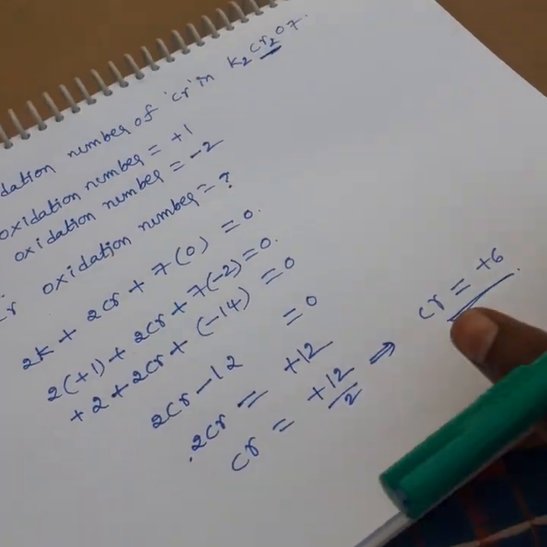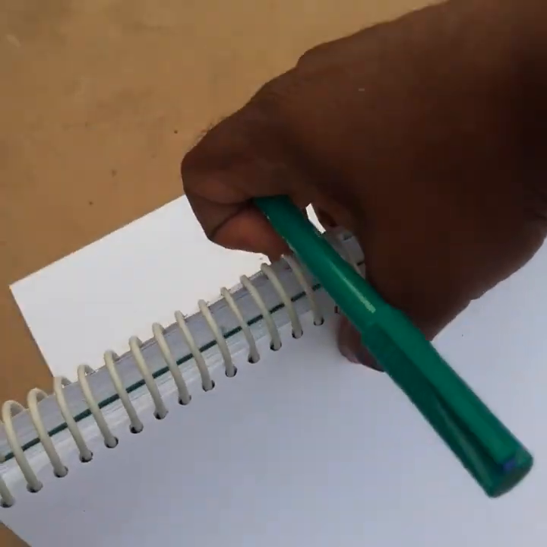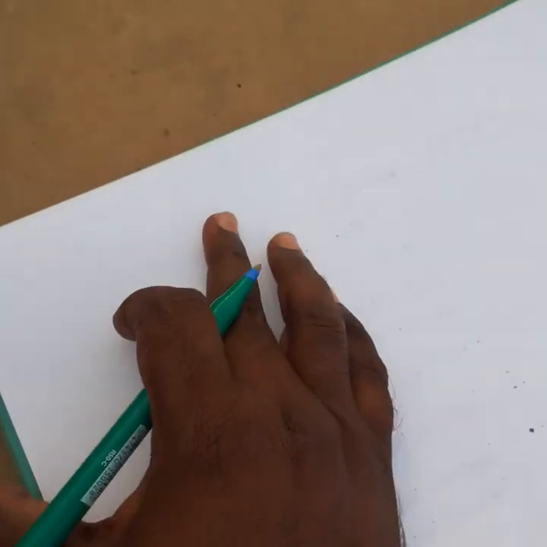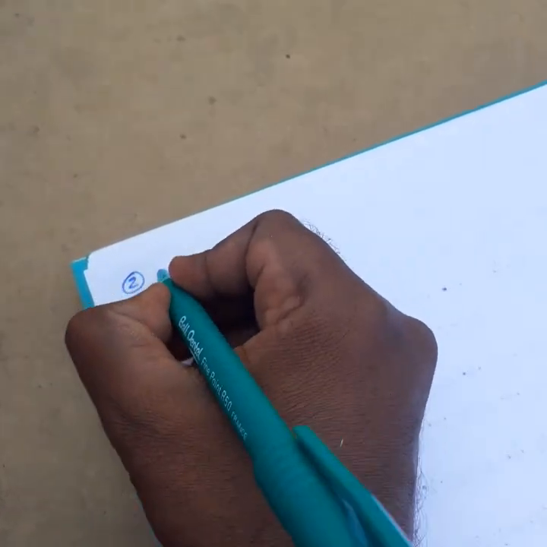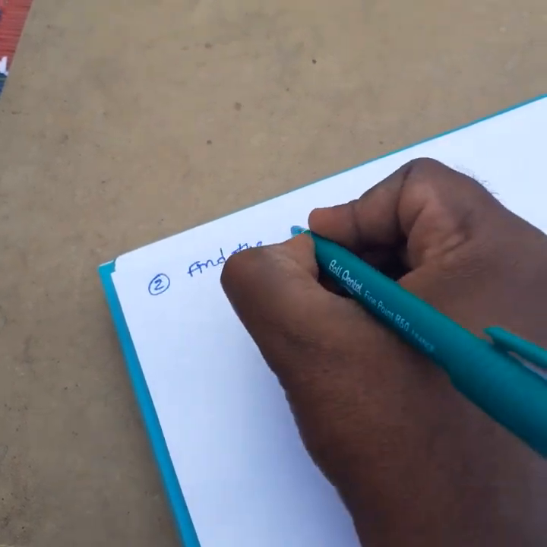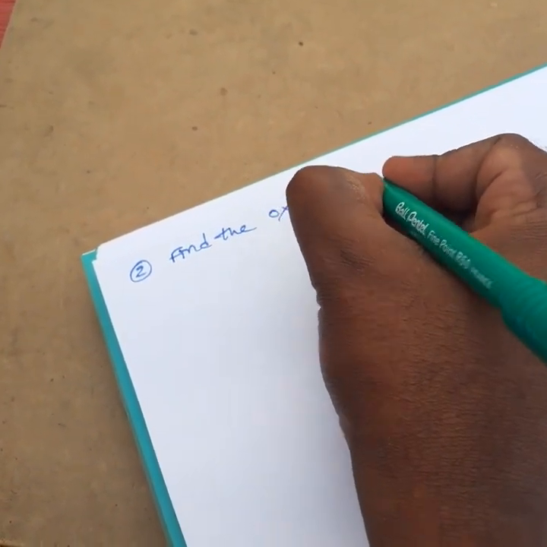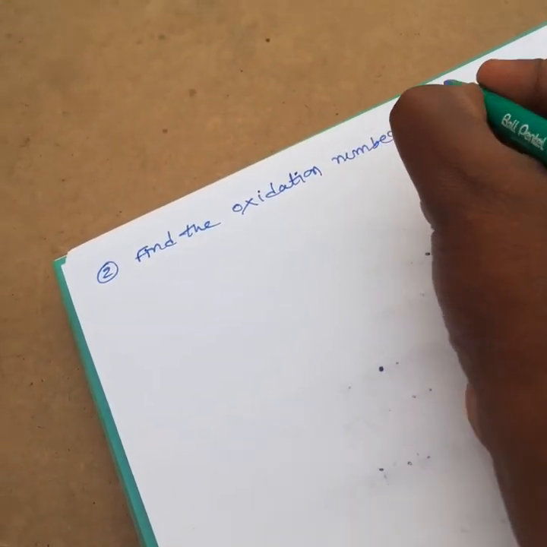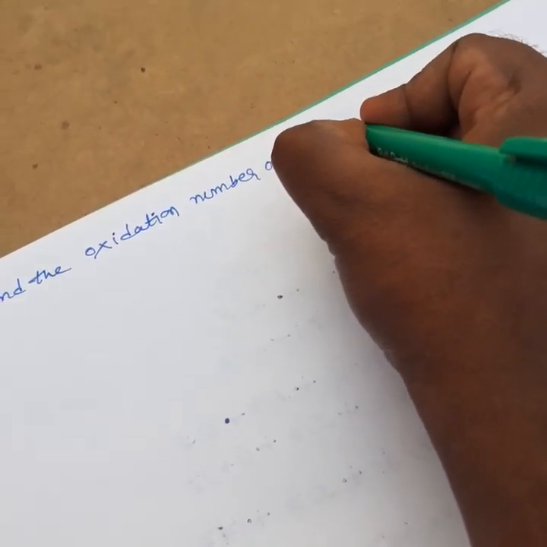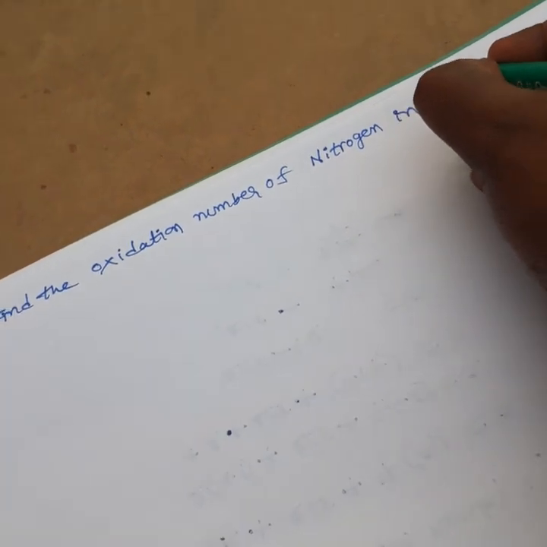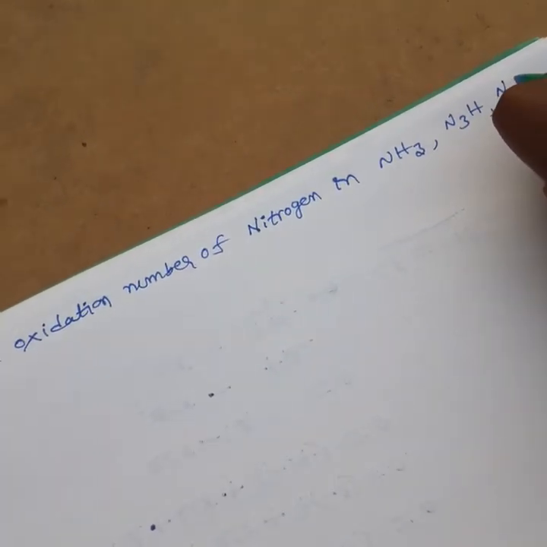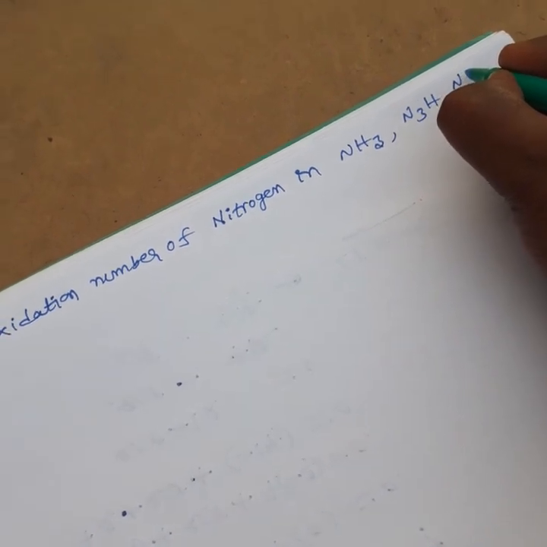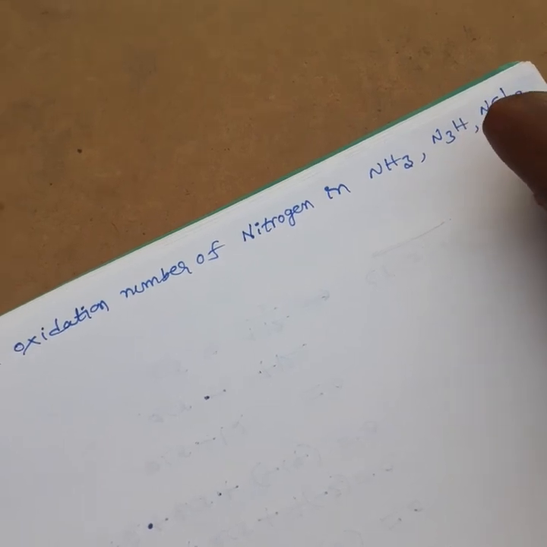And next, for example, the second one: find the oxidation number of nitrogen in NH3, N3H, NCl3.